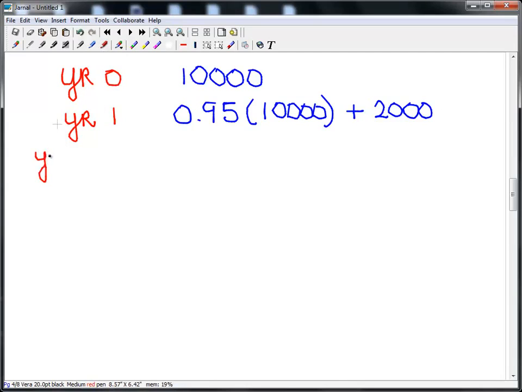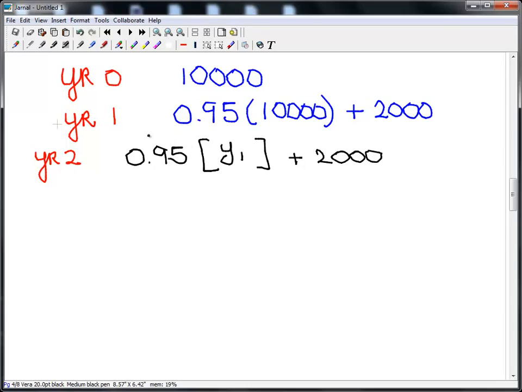Let's have a look quickly at year 2, and I'm going to put this in a different color. So 0.95 of whatever there was the year before. I'm going to put in the year 1 value, y1, plus 2,000. But the year 1 value is, what do we have from year 1?